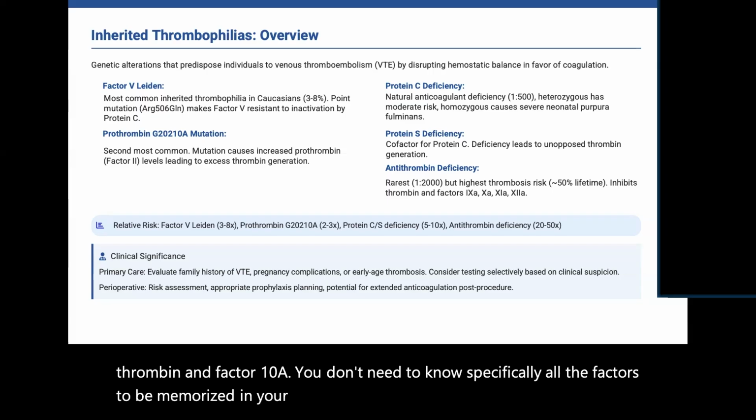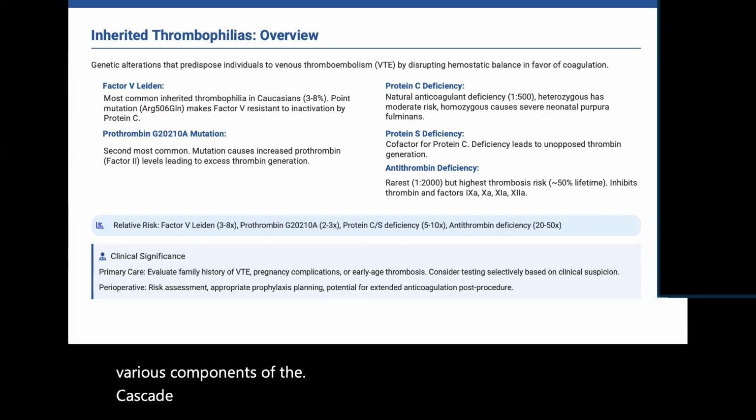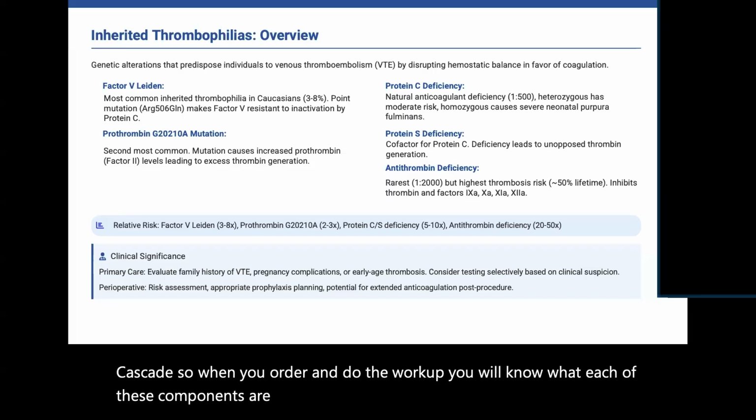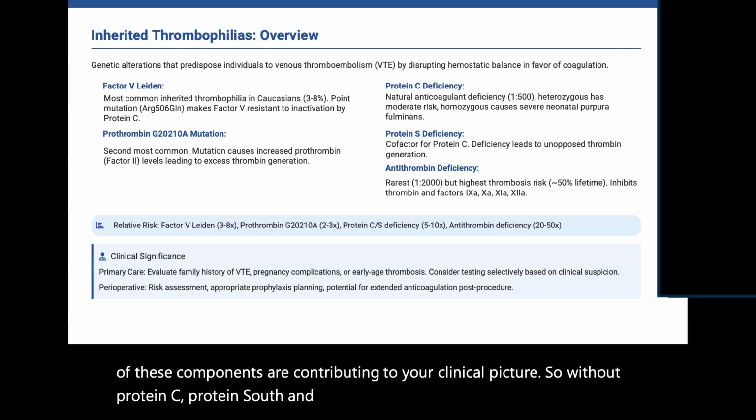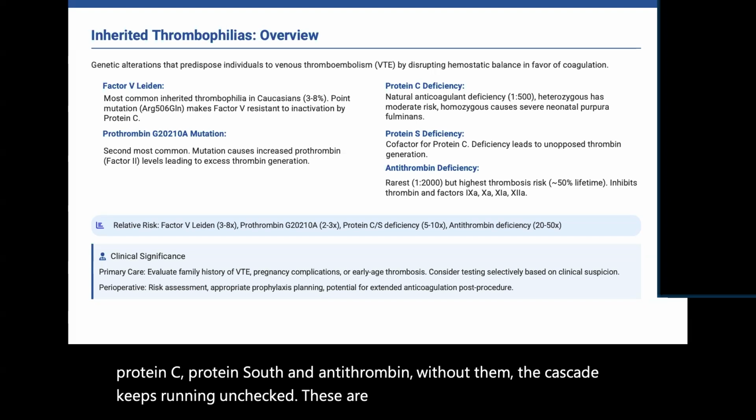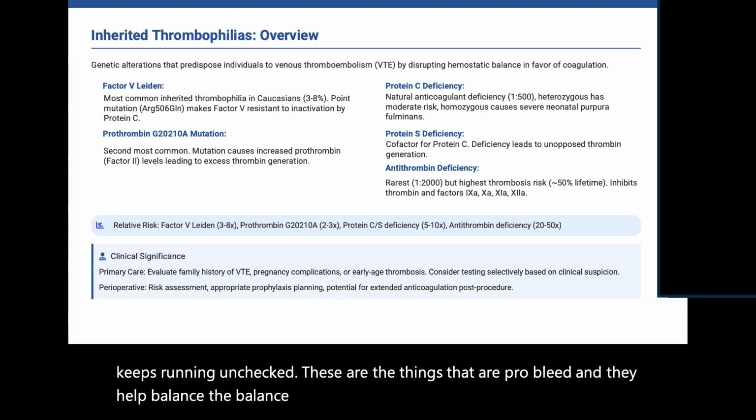You just have to have an idea about the various components of the clotting cascade, so when you order and do the workup, you will know what each of these components are contributing to your clinical picture. So without protein C, protein S, and antithrombin, the cascade keeps running unchecked. These are the things that help balance clotting versus bleeding.